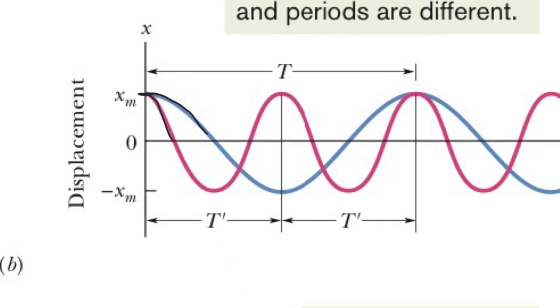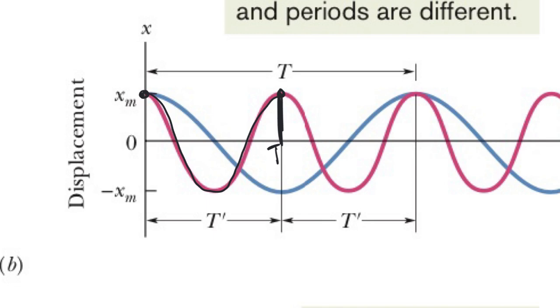But if we come to the period, for example, the pink one starts here and then returns to the same point here. So the time from here to here is T capital, the period. And here you can see they show you that this is the period.